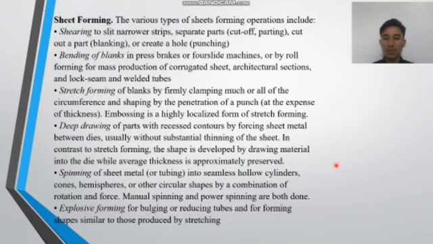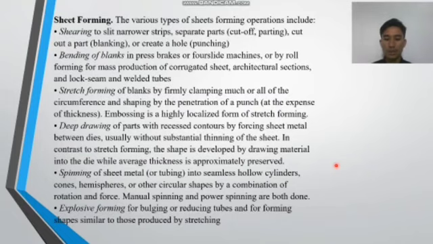In contrast, in stretch forming, the shape is developed by drawing material into the die while average thickness is approximately preserved. Spinning of sheet metal or tubing into seamless hollow cylinders, cones, and hemispheres or other circular shapes by a combination of rotation and force.